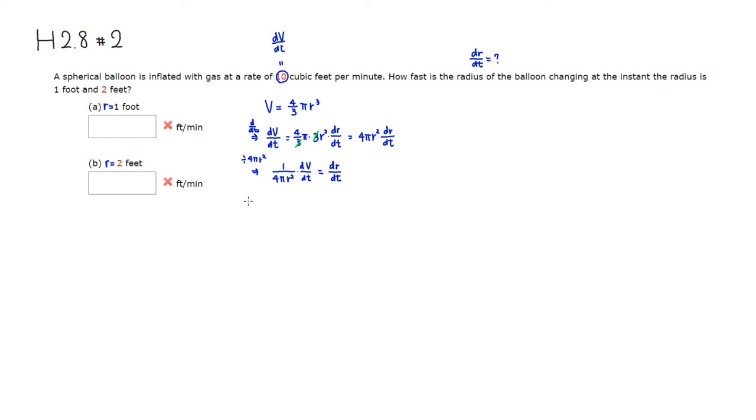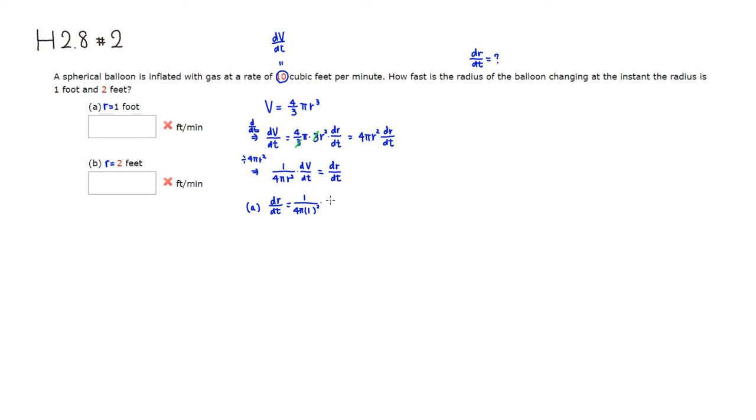Alright, so let's do part A. Alright, so we're looking for dr over dt. So this is going to be equal to 1 over 4 pi, and r in this case for part A is 1, so 1 squared.